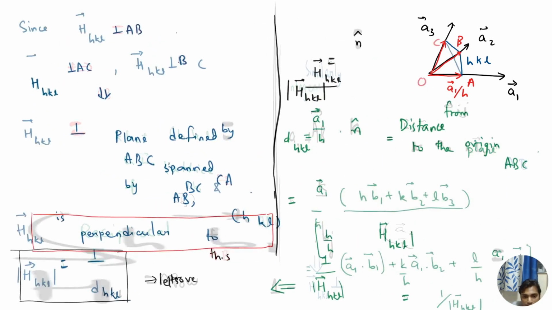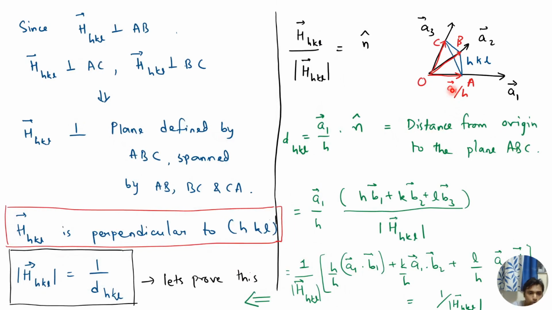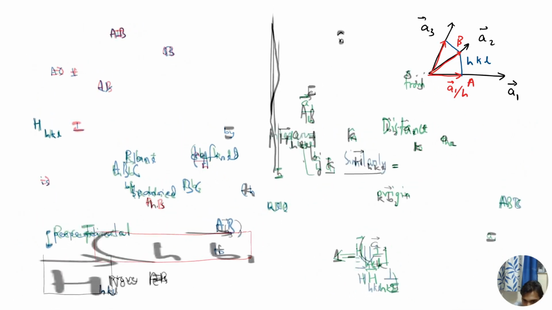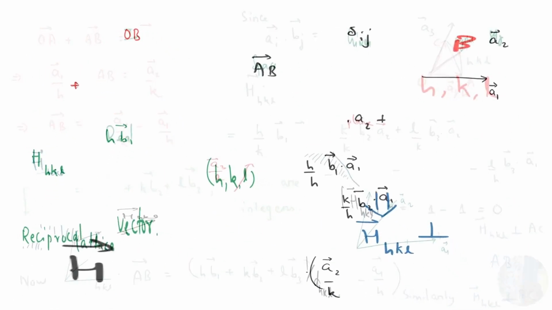Now let us look at the second statement. This is what we have established: h of hkl is perpendicular to the hkl plane. Now let us look at the other statement, that the magnitude of h of hkl is 1 by dhkl, where dhkl is your distance from the origin to, for example, if you see this diagram, this plane.